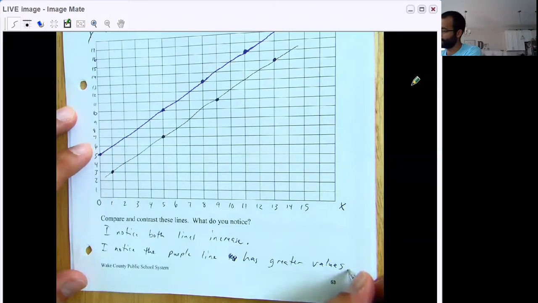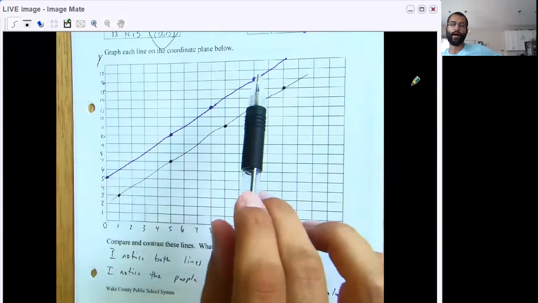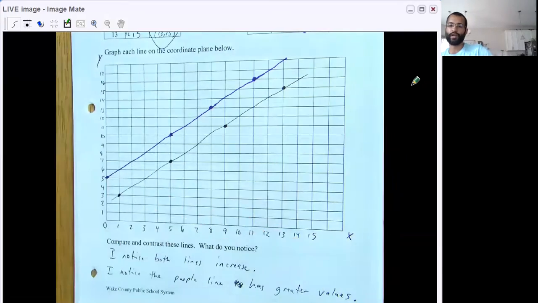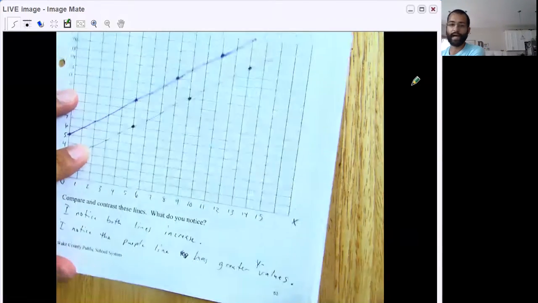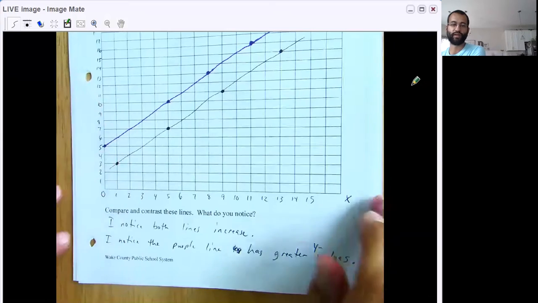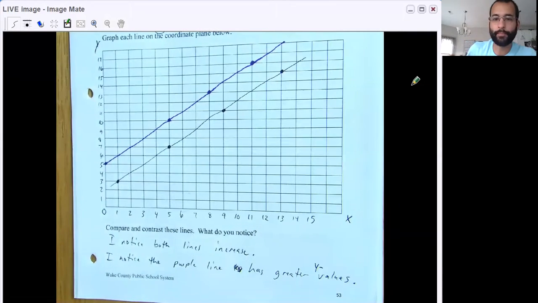And what I mean by that is that each of the different points that I have here are just a little bit higher on the Y. So when I say greater Y, I'm going to say has greater Y values. Let's be even more specific. Has greater Y values, because that's why they're a little bit higher up.